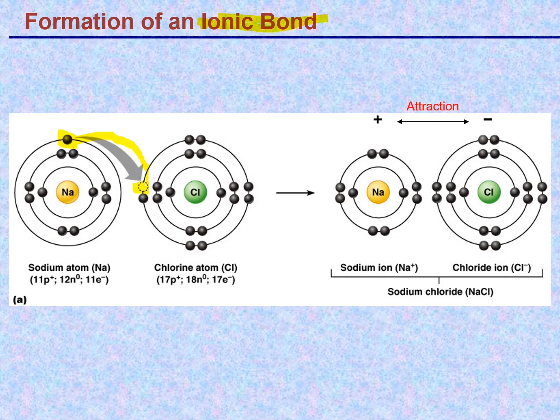The shifting over of the electron to spend time with the chlorine atom forms this attraction because it results in a positive charge in the sodium and a negative charge in the chlorine. Therefore you get sodium chloride interacting through an ionic bond. That's an ionic attraction.